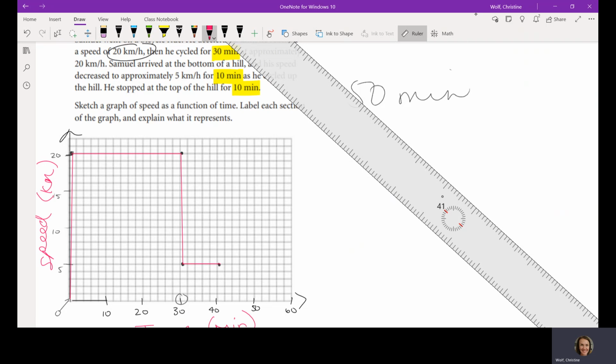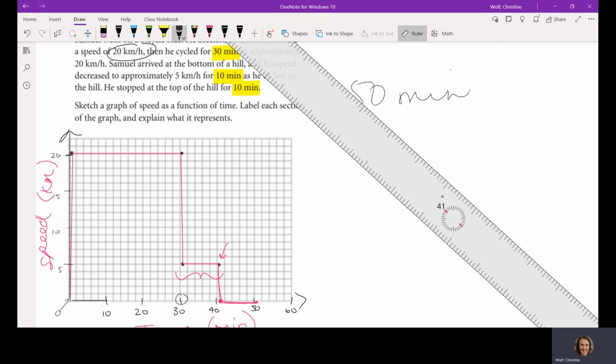So this here says that he was at a speed of 5 for 10 minutes. That was him climbing up the hill. So he's at a consistent speed of 5 for 10 minutes. And then right here is where he gets to the top of the hill. And boom, as soon as he gets to the top of the hill, his speed drops down to 0. And then he's at 0 for 10 minutes.